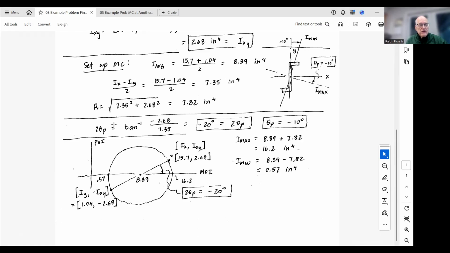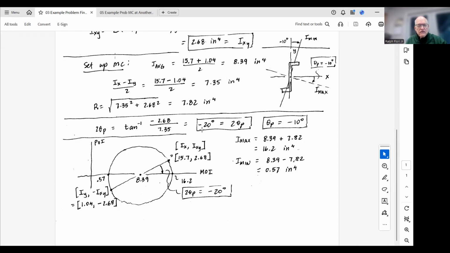Once you plot the X face, you can calculate this angle. I just used the 2 theta p equation, which is the inverse tangent of negative Ixy, so negative 2.68, divided by Ix minus Iy over 2, which we found to be 7.35. If you evaluate this, you get 2 theta p is minus 20.